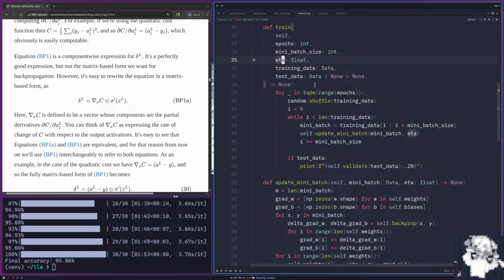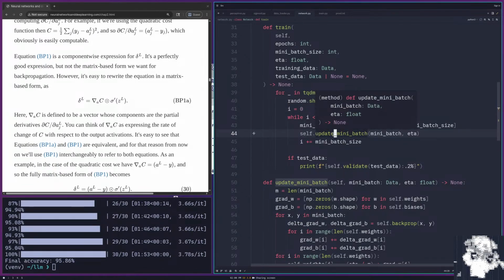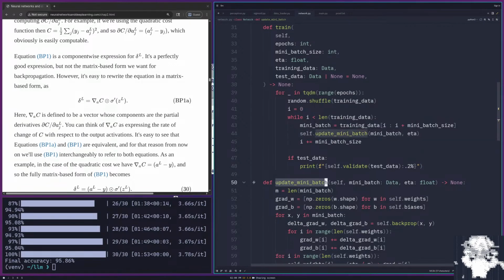In order to do that, we take our training data, we look at a little piece of it, some number of examples, and then we update our weights and biases in accordance with the direction that would make the cost lower for those examples.